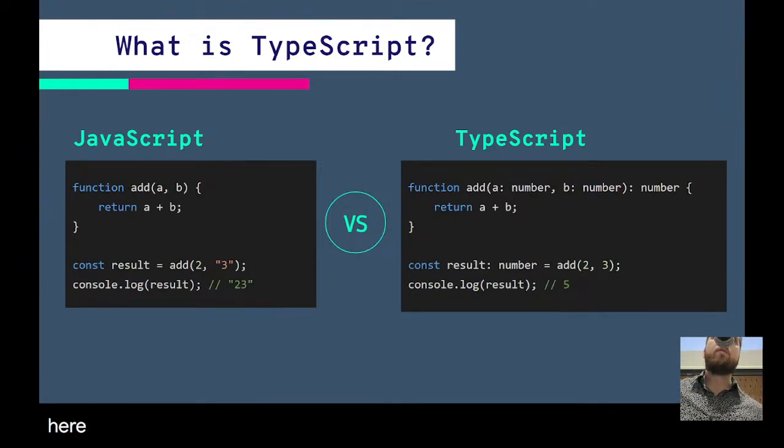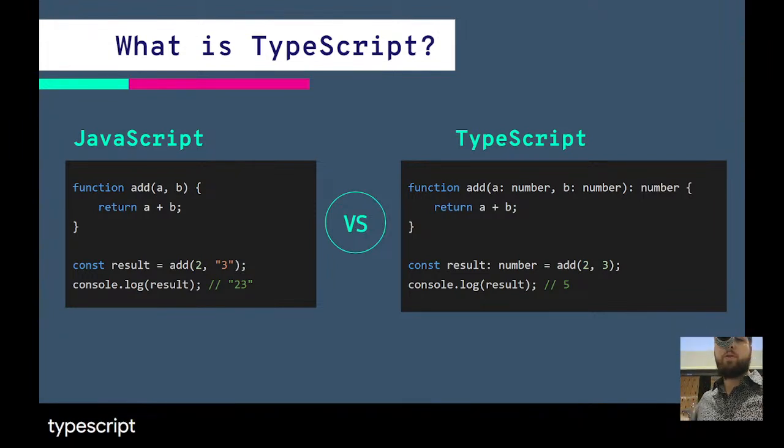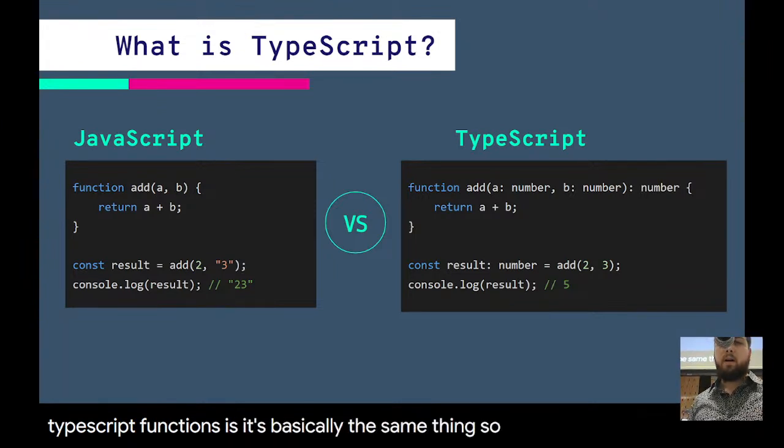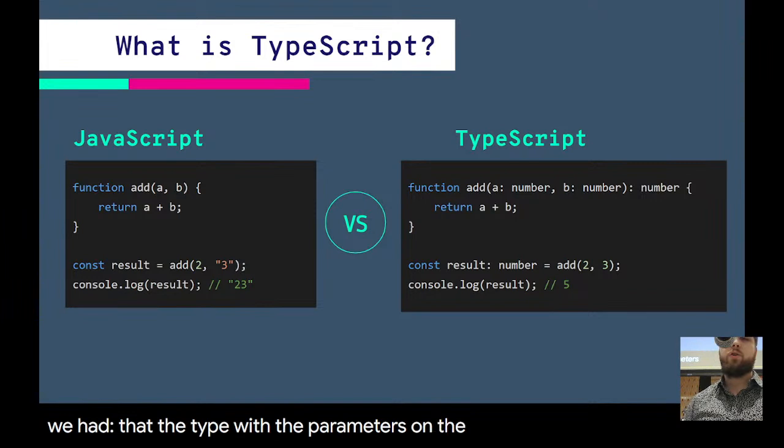A visual example of looking at the difference between JavaScript functions and TypeScript functions. It's basically the same thing. Where with a variable we had colon and then the type, with the parameters on the function we have colon type. This parameter, colon type.